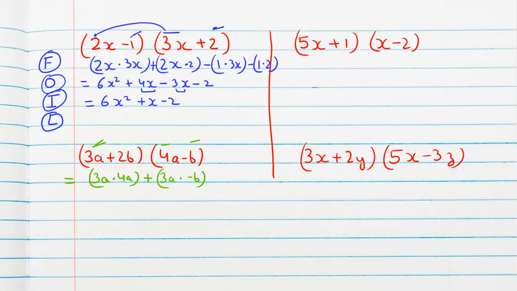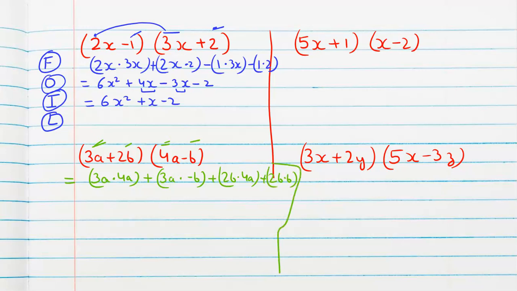Okay, so the next term is inner terms. What are the inner? 2b and 4a. So plus 2b times 4a, and the last terms are 2b and -b, plus 2b times -b.